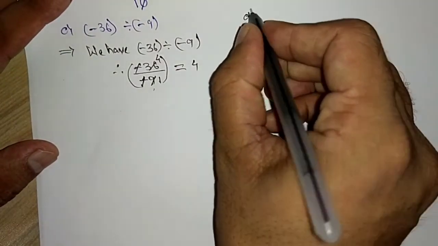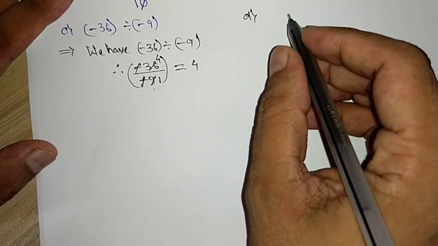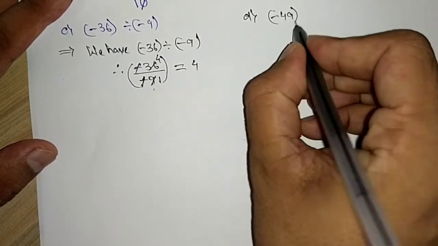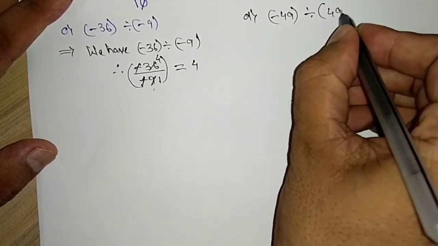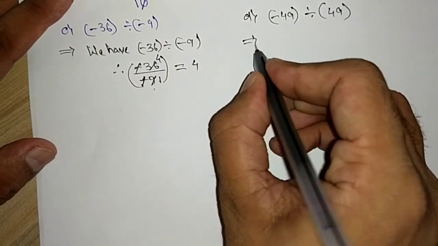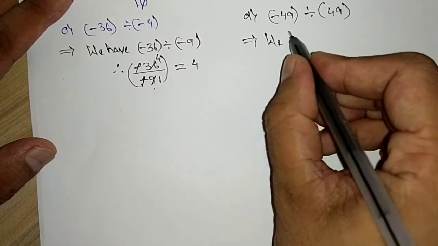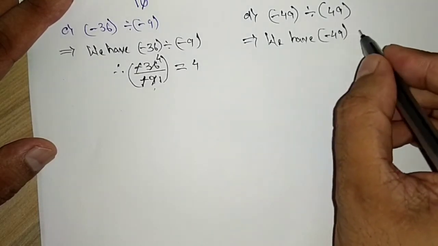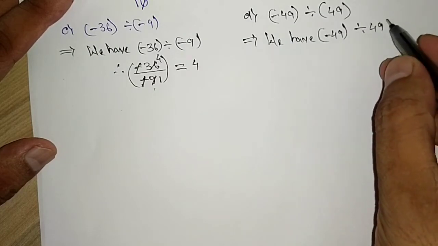Part D has minus 49 divided by 49. First we will write it like this: minus 49 divided by 49.